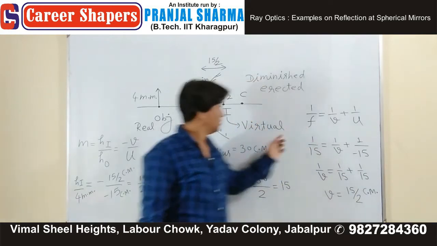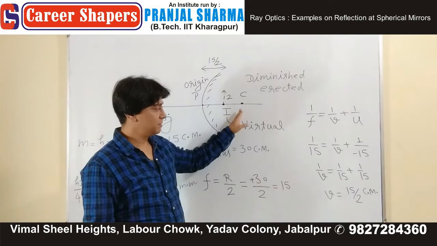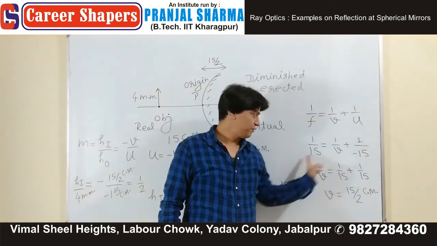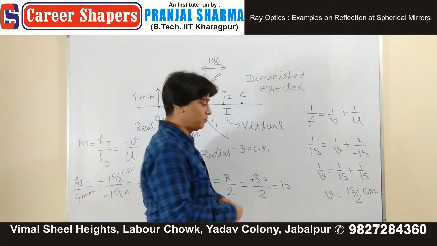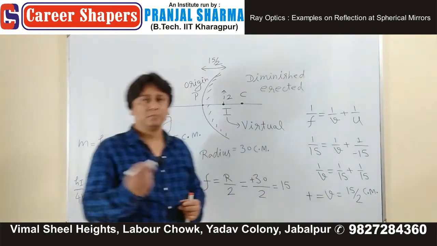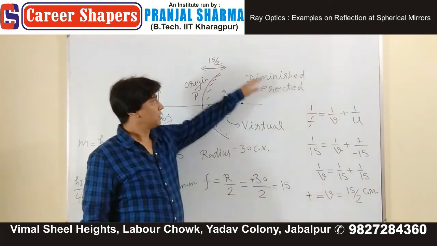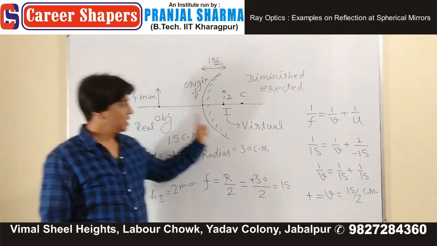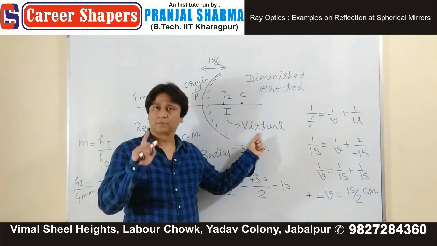Focal length for a convex mirror is always positive on this side. If the object is real, U is negative. When you shift it, it becomes positive. And therefore your term of V is always positive. That means for a convex mirror, if the object is real, the image will always be virtual. First thing.